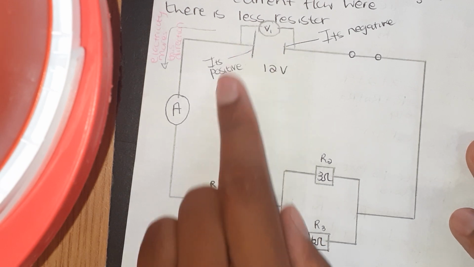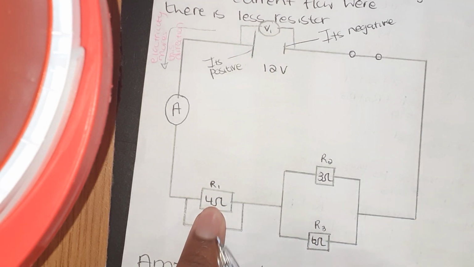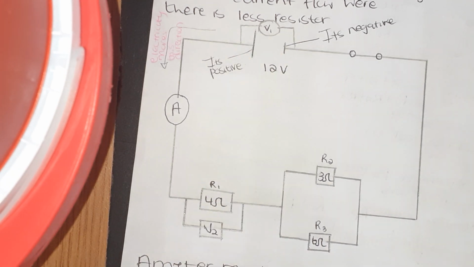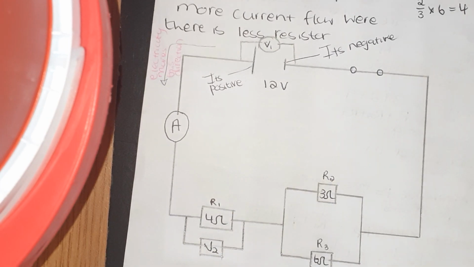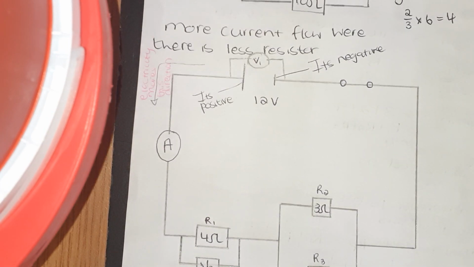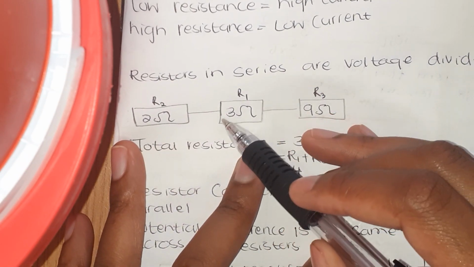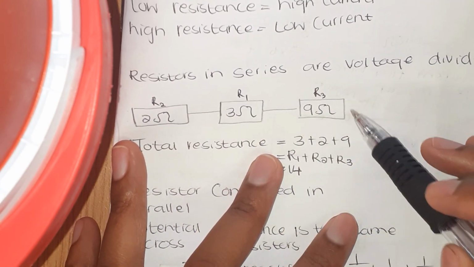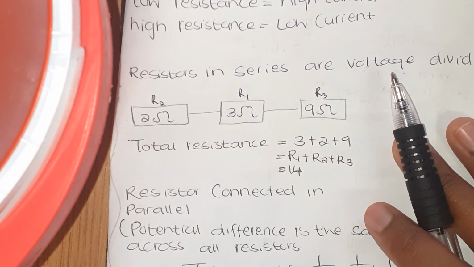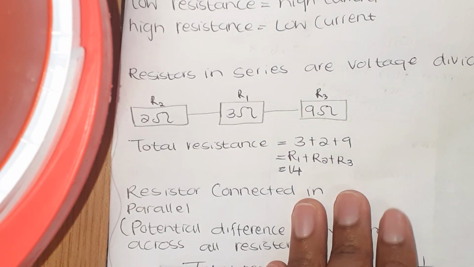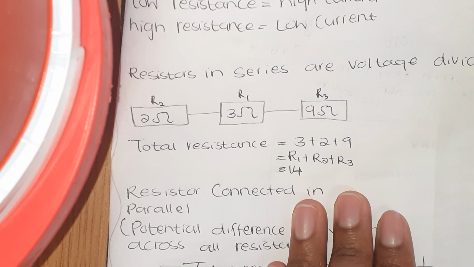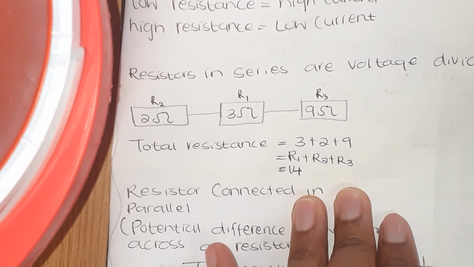We're going to take this one plus this one, and it has to equal this. But if they were in series, if there was another one, just like I had previously shown you, the voltage here plus the voltage here plus the voltage here needs to make 12, the total voltage in the battery.